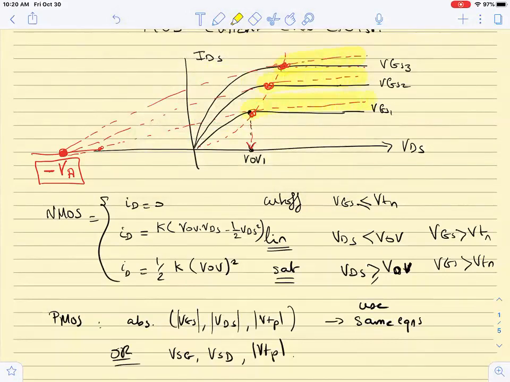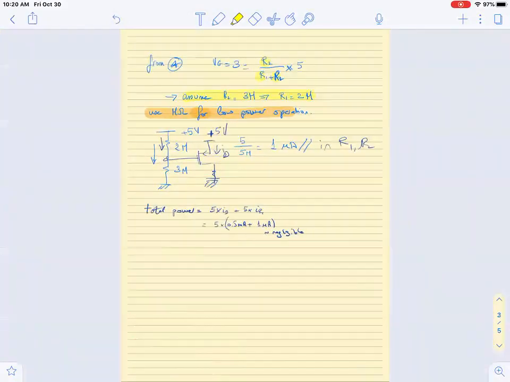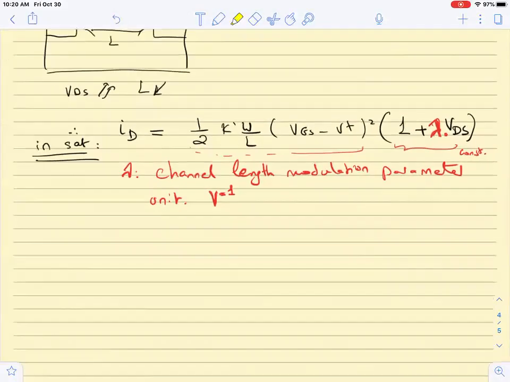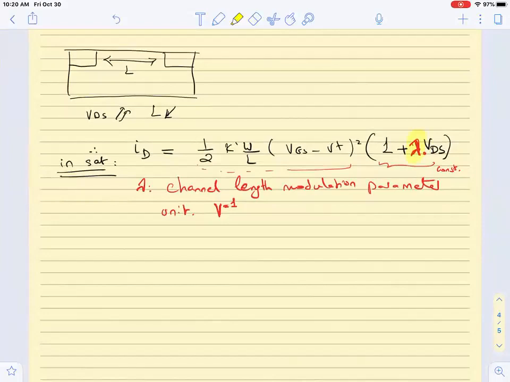Okay, and this little slope is really modeled by this lambda that was inserted here in the equation.